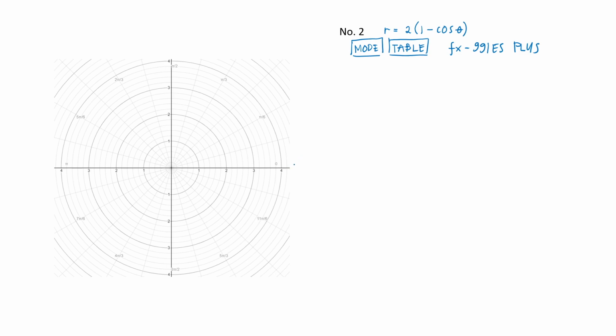The only difference with lower models is that you might not have the shift solve option, which is very important in the board exam. The solve option, the one in yellow with the equal sign, is very important in the board exam because it lets you answer equations more easily.